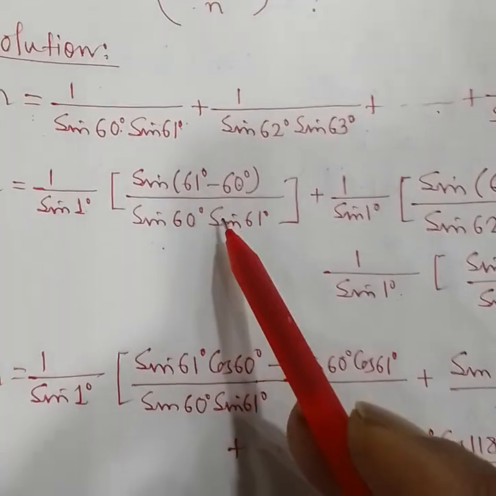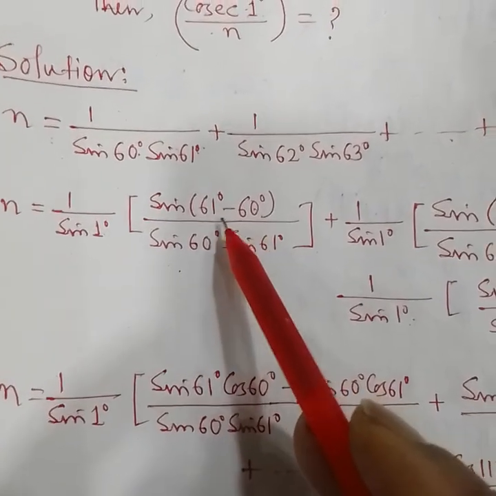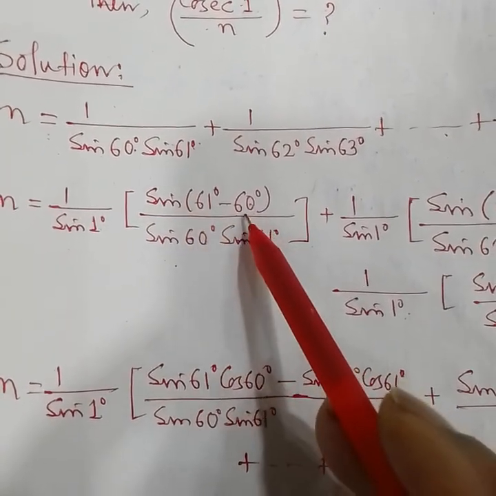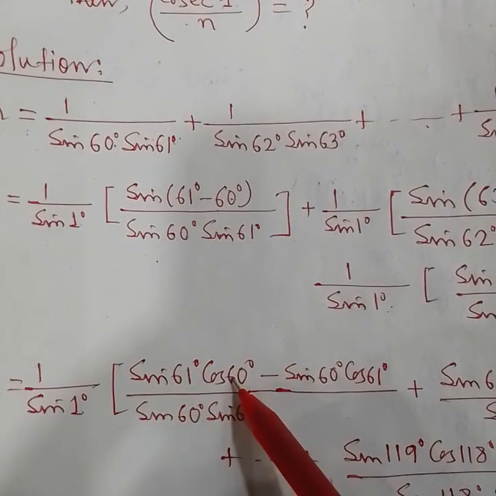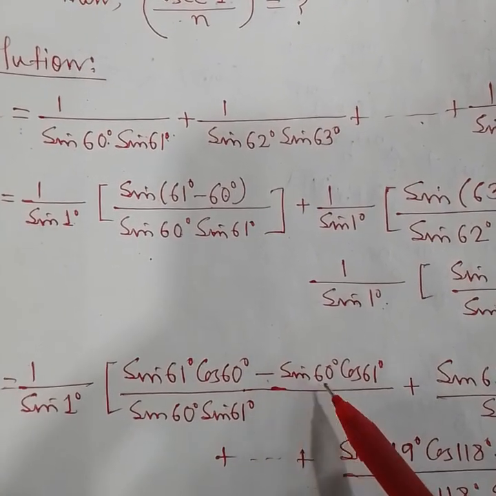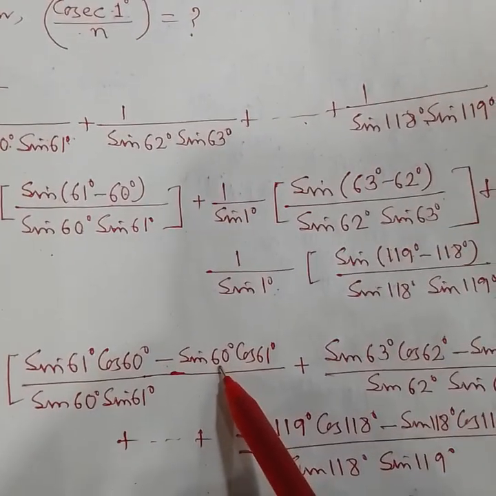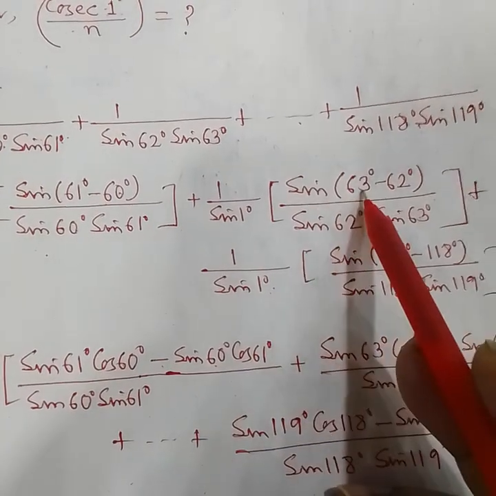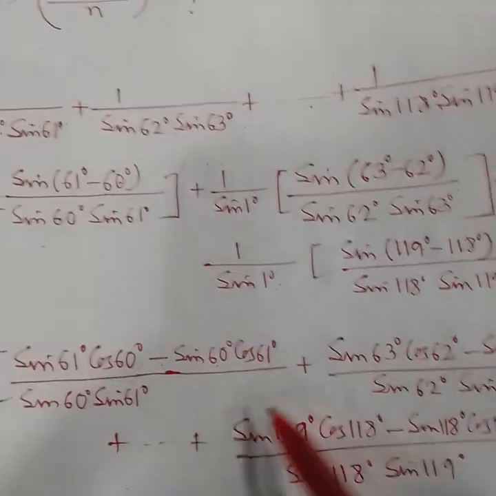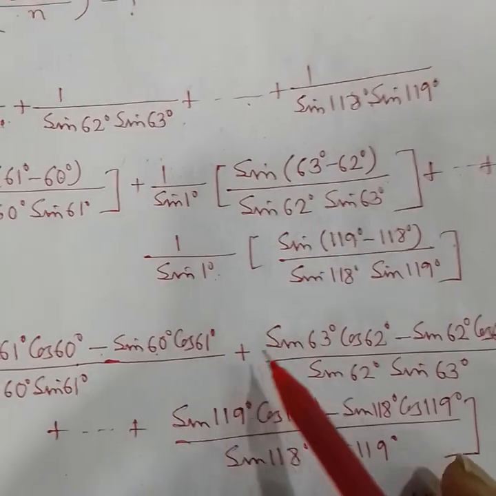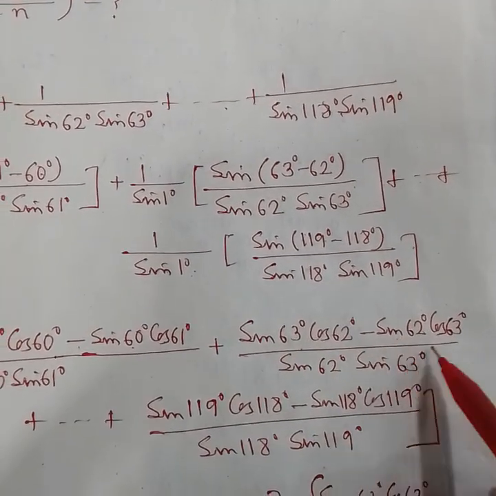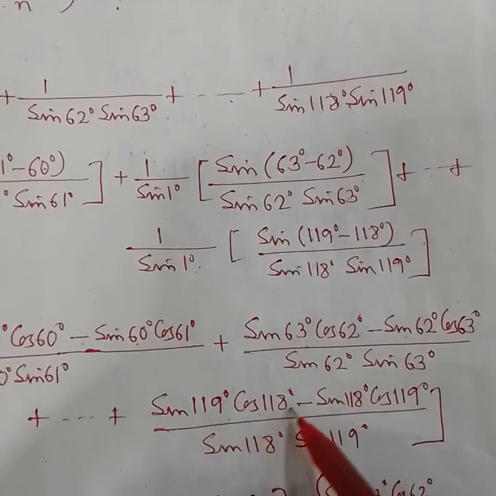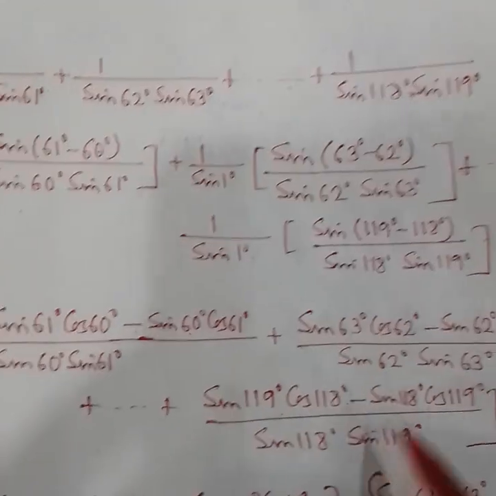Then we write down the formula of sine A minus B and get sine 61 degree cos 60 degree minus sine 60 degree cos 61 degree. We write the formula in the same way for the other terms, and in the last term we get this one.